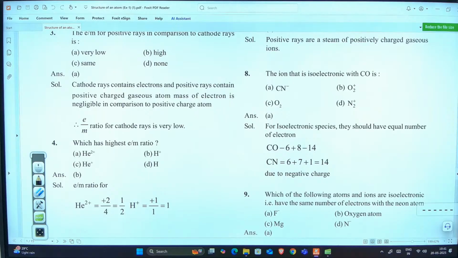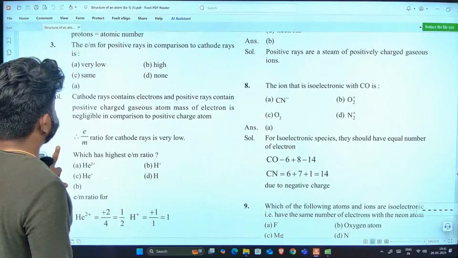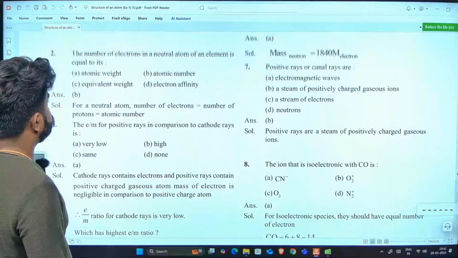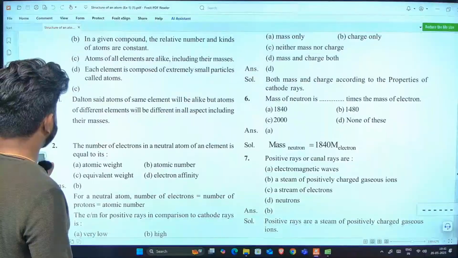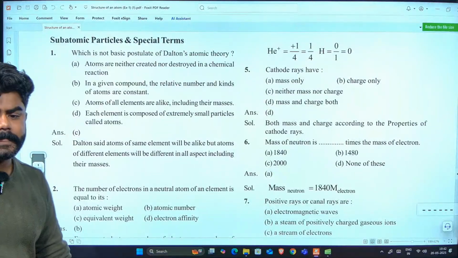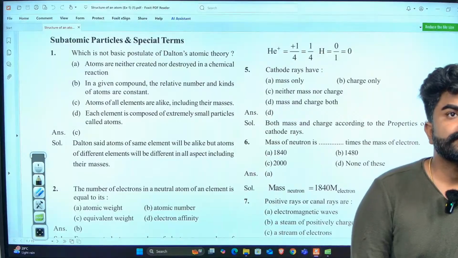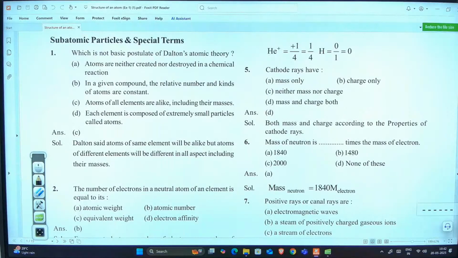We did the first 2 questions, right? First one and the second one also we did. Copy down.